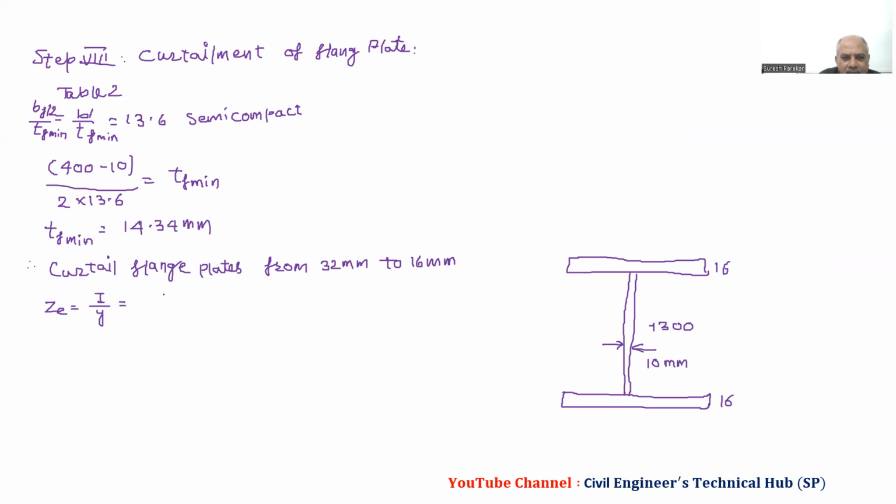Now for the value of I, we have again 400, this is again 400. So we are going to consider the whole part first, as I already explained. So this is 400 into 1332 cube upon 12. So 1332 we have from top to bottom.